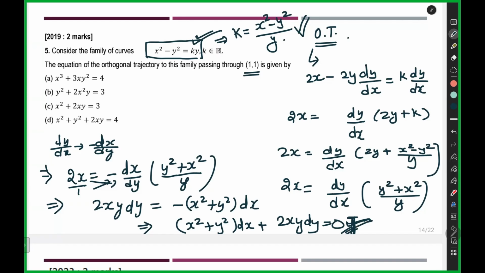Till this part, everything is clear to everyone? Yes, sir. Okay. Next, I'm just erasing this.